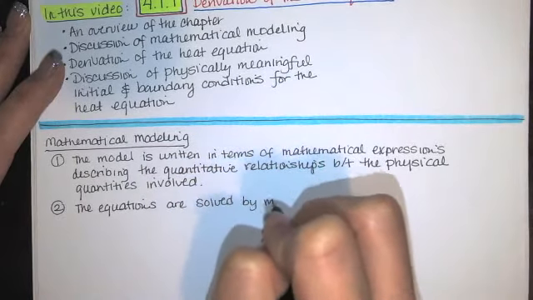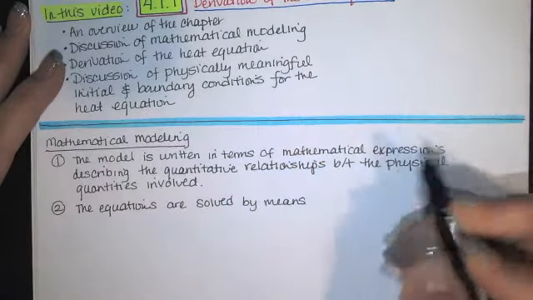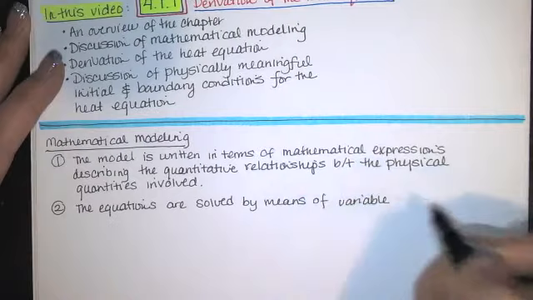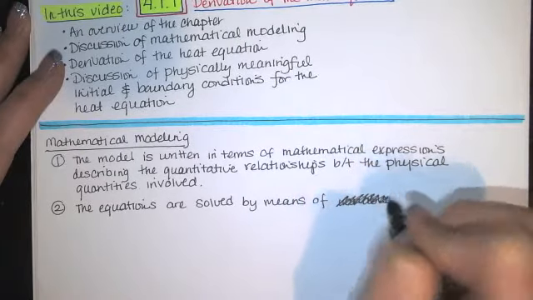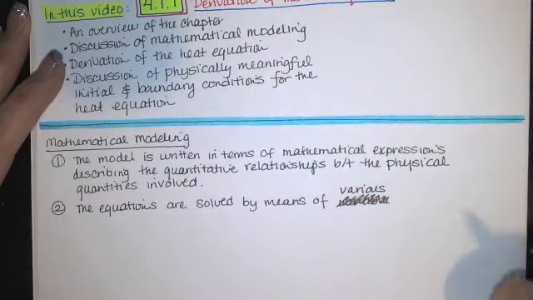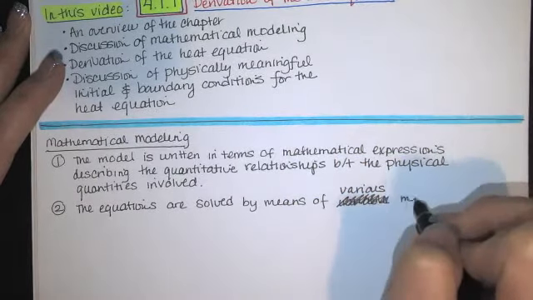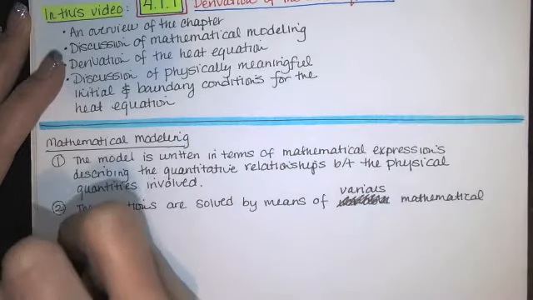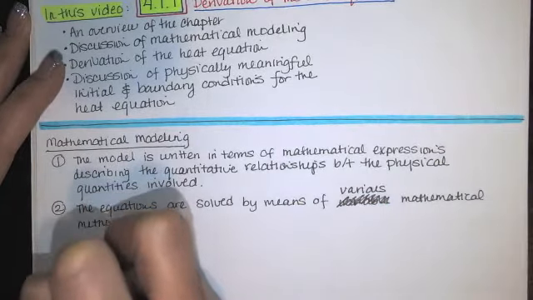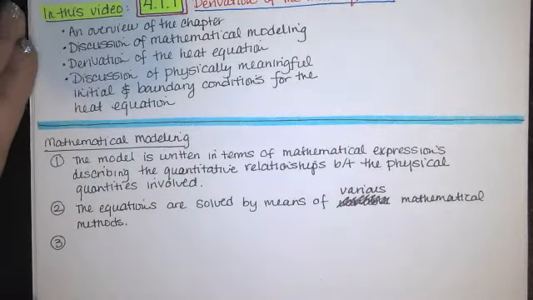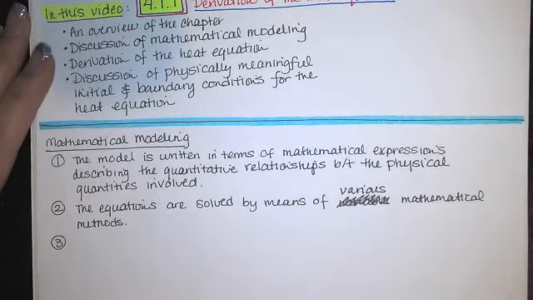And of course, we're going to use whatever methods we're familiar with. So we'll say the equations are solved by means of various mathematical methods. Basically, the methods that we study when we study partial differential equations, just for example, when we're discussing these models.